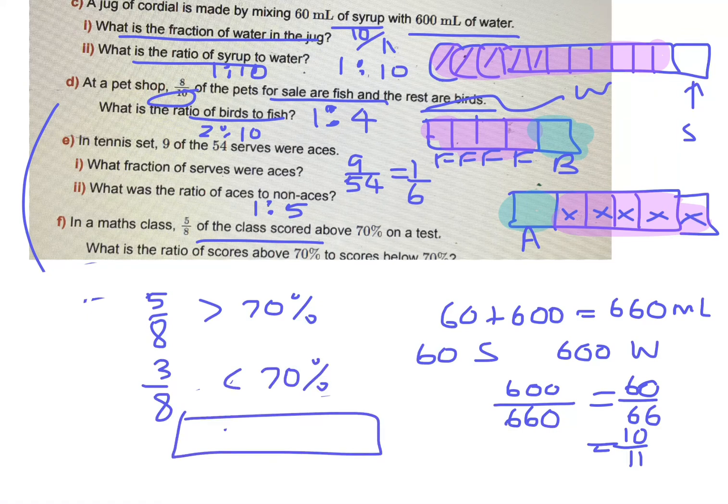So if we wanted to get the ratio of those who scored above 70, that would be 5 parts, 1, 2, 3, 4, 5. And then below 70 would be 3 parts. So it's 5 to 3. We want above 70 and below 70, 5 to 3.